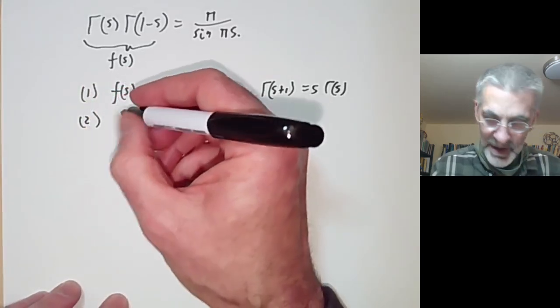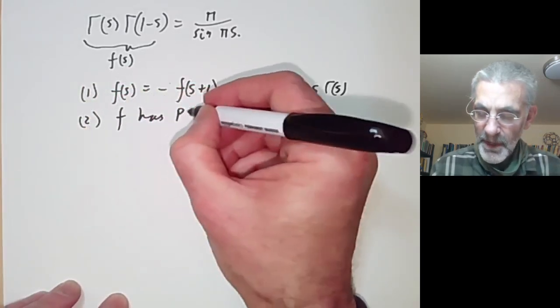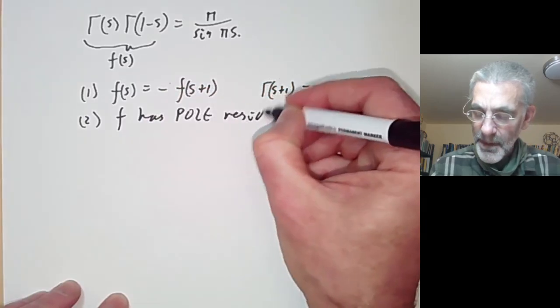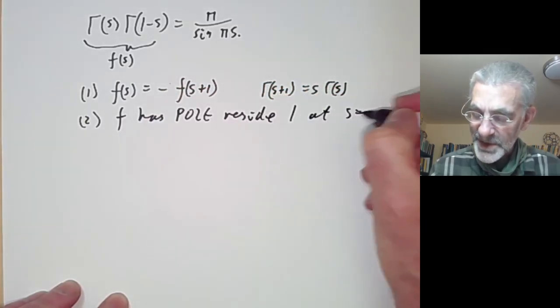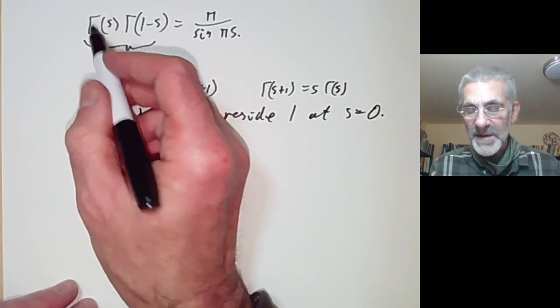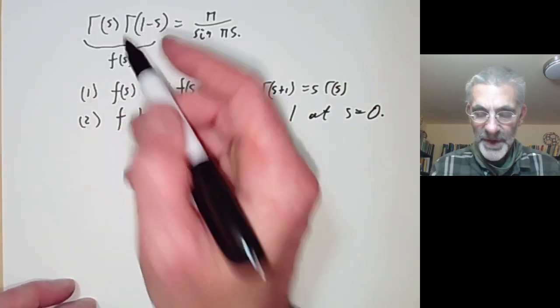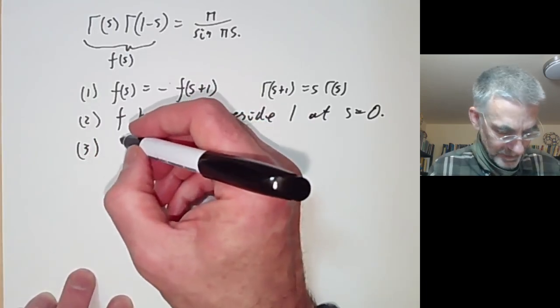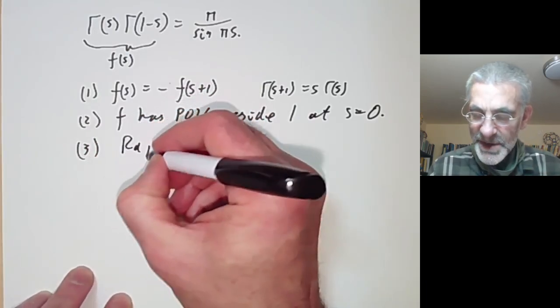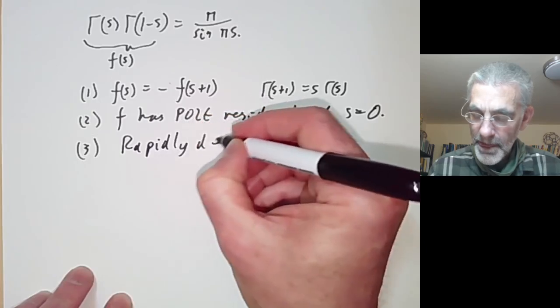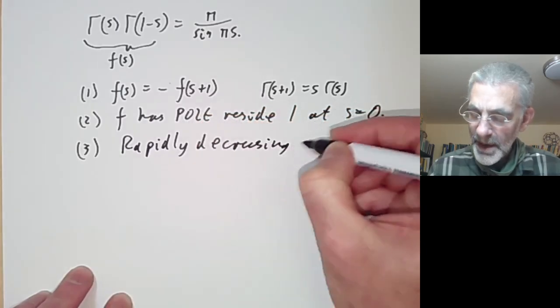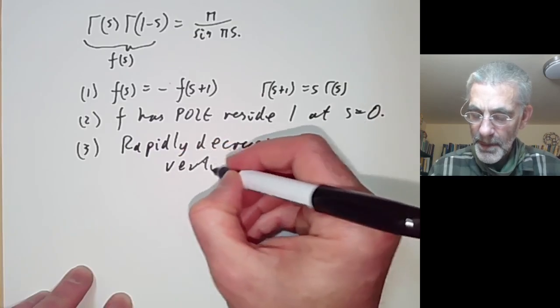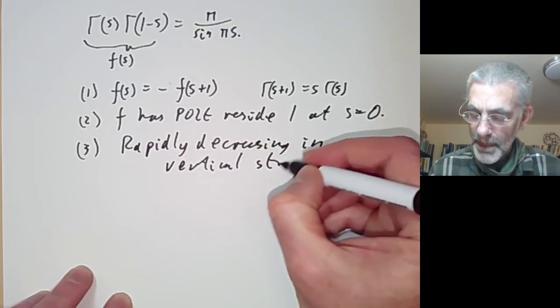Secondly, f has a pole of residue 1 at s equals 0. Well, that's kind of obvious. This is a pole of residue 1 and this is 1 there. And thirdly, you notice that it's rapidly decreasing in vertical strips.